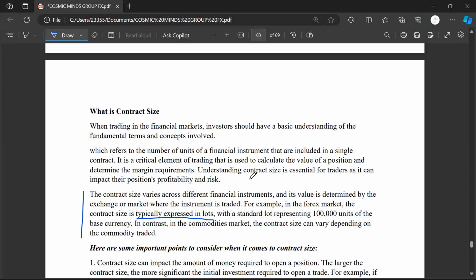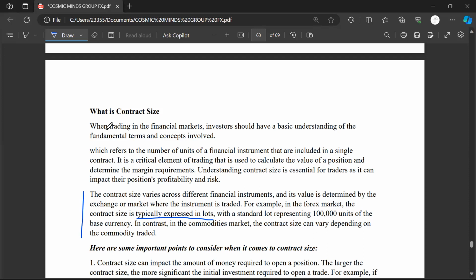So now I think the air is clear here that in forex the contract size is just the units in lots, right? Some people use them interchangeably unless you want to be a pro. So the contract size is typically expressed in lots, right?